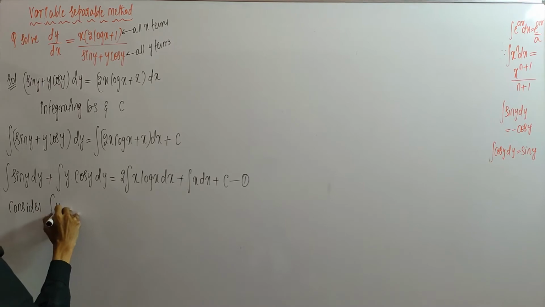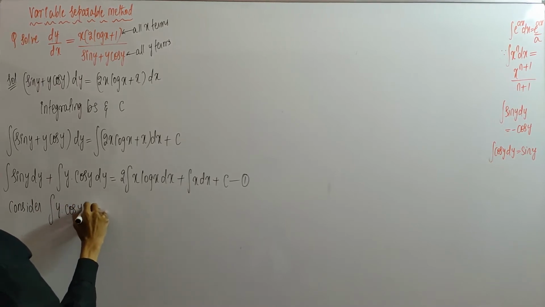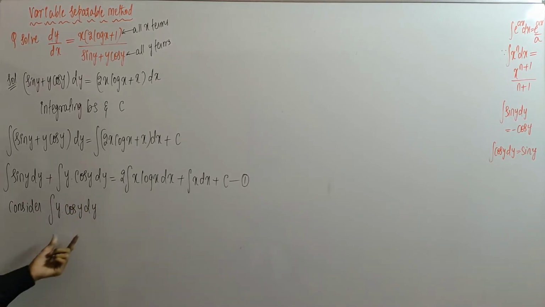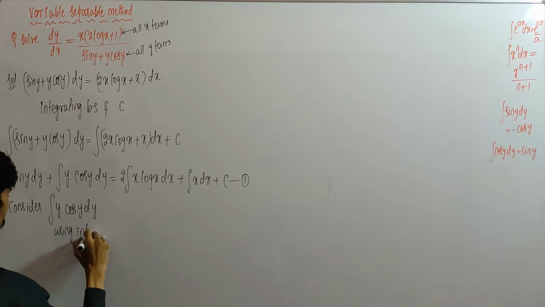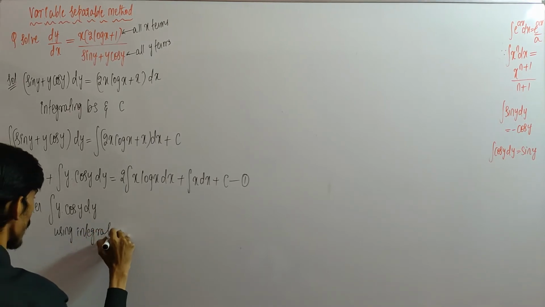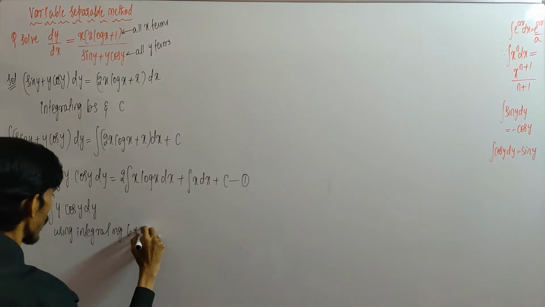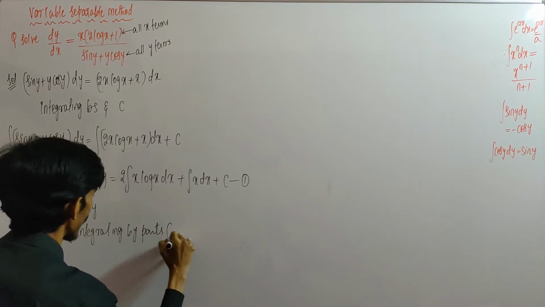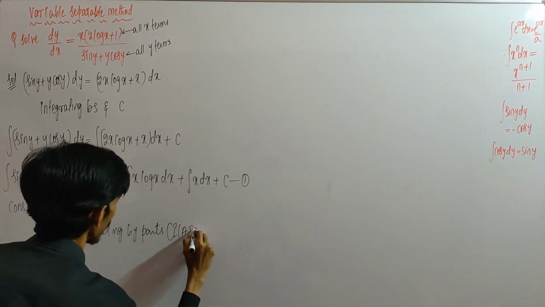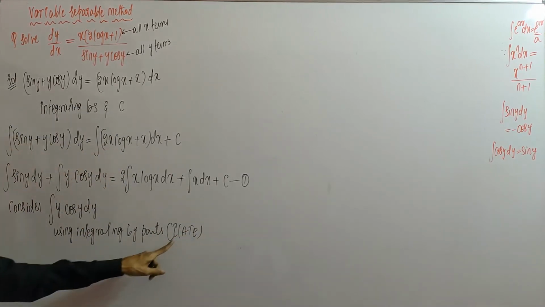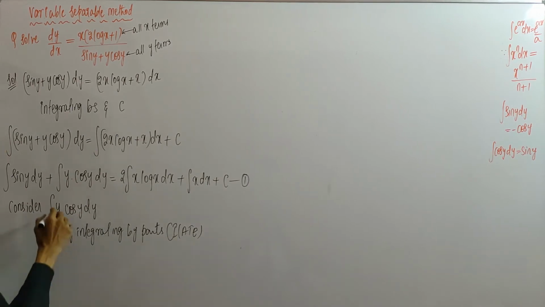Consider integration of y into cos y dy. I am going to solve this integration by parts. In integration by parts, ILATE means first algebraic, next trigonometric. This is algebraic and trigonometric.